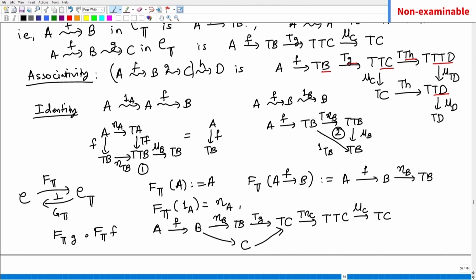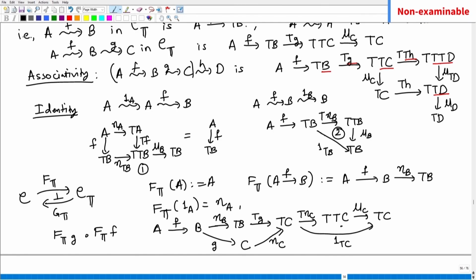Just C. And here I will have G, and what will I have here? Eta sub C. Then tell me, what is mu C composed with T eta C? For this particular diagram, this is 1 sub TC.